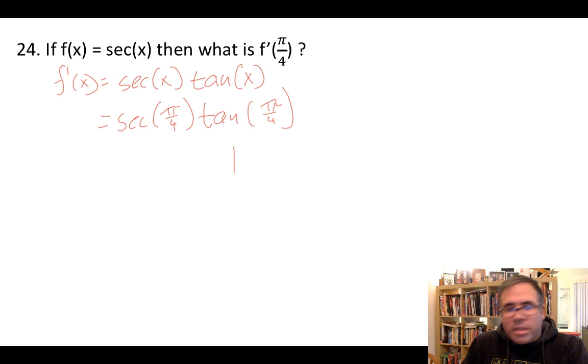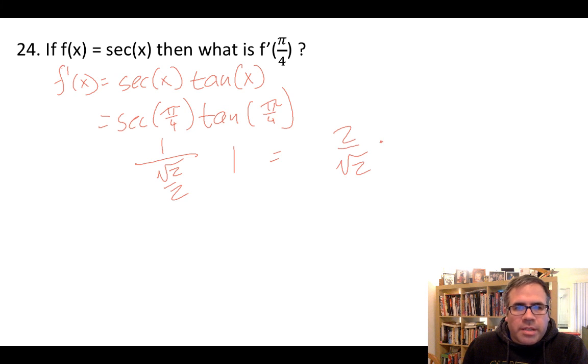Secant of pi over 4, if you need help with this, it's going to be 1 over root 2 over 2. So that's going to be the same as 2 over root 2, which you will never see written that way because it's got a radical in the denominator.